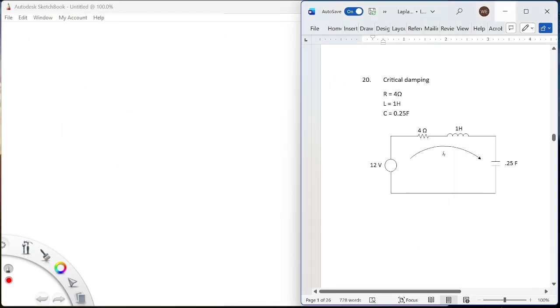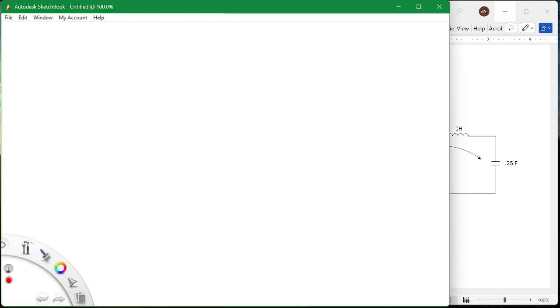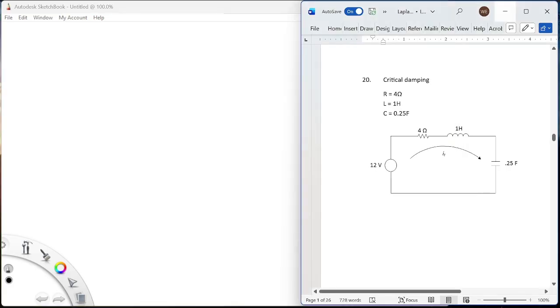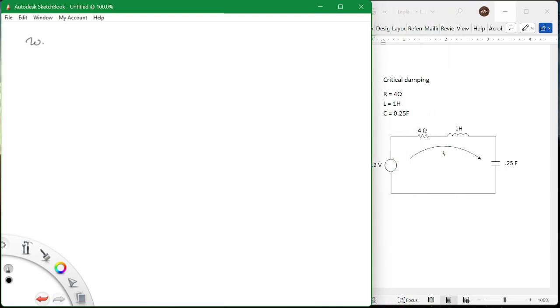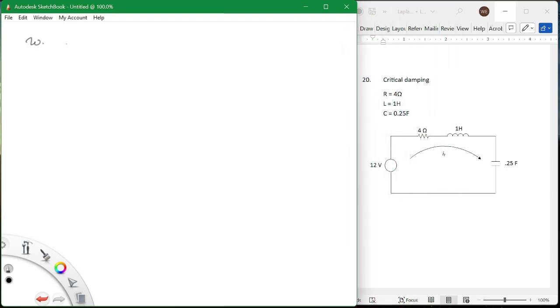Sarah, do you want to do this one? Number 20. I'll do it in black. Okay, so this is number 20. So you got 12 volts, our good old 12 volts, and 4 up here, and 1 up here, and 0.25 farads.